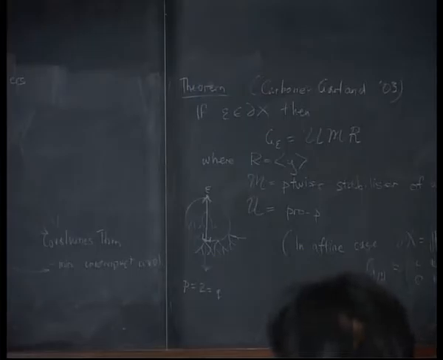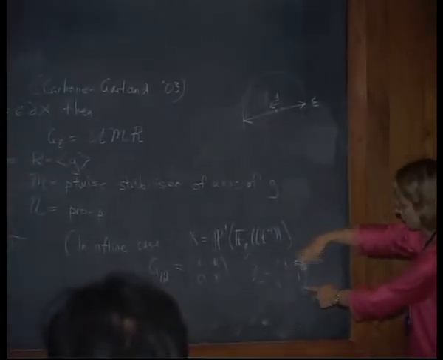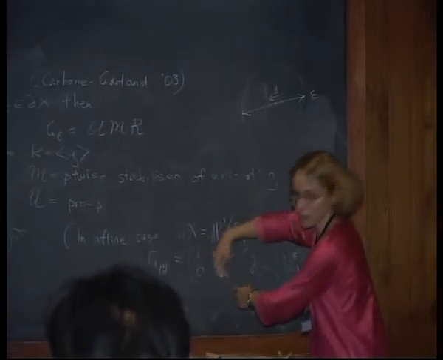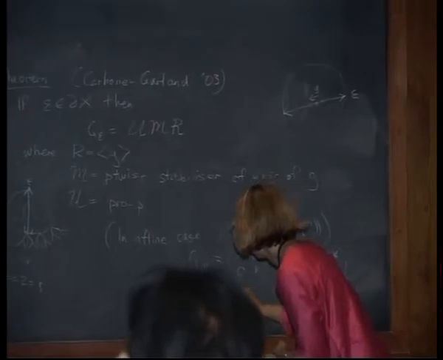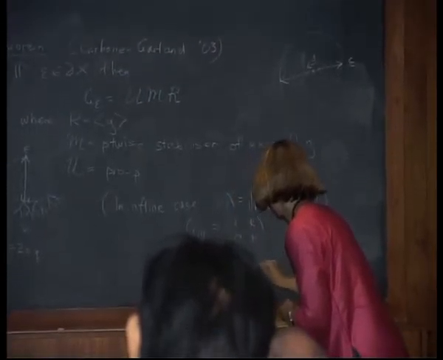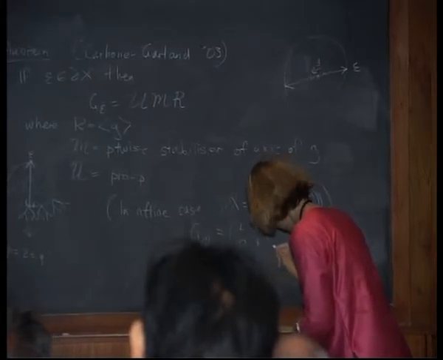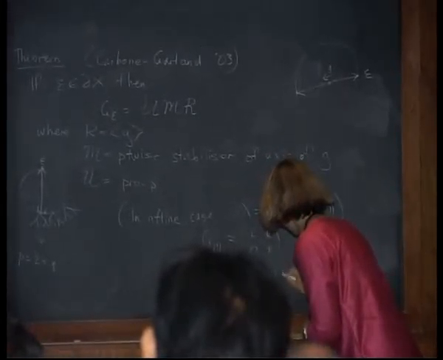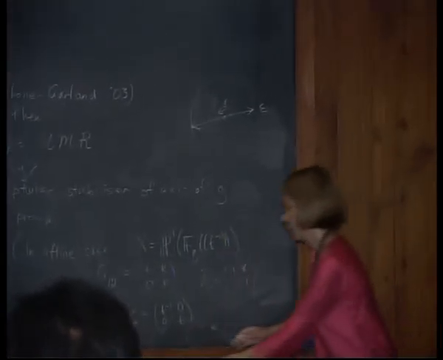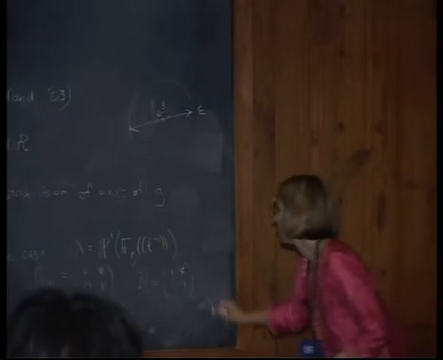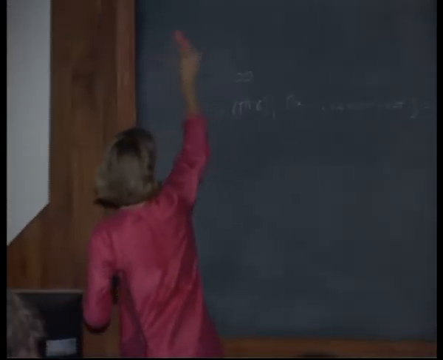Then U will be the part with ones on the diagonal, and then M is the diagonal part of this. And the translation part will be the remaining piece, so they have this decomposition of an end.